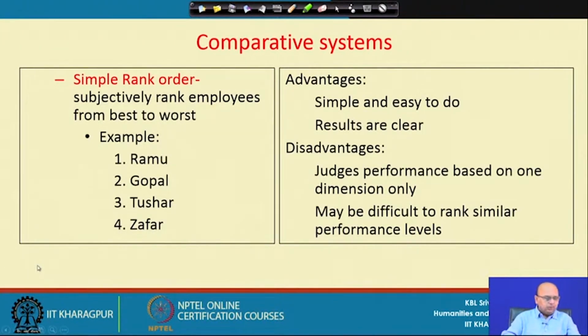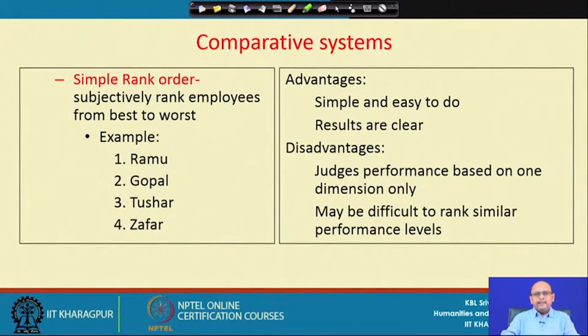Now, as I told you, I am giving some examples here to explain different kinds of comparative systems. Let us start with simple rank order. What you are going to do here is subjectively rank employees from best to worst. It is based upon subject matter experts and their judgment, which is very subjective in nature. So, there are people, say Ramu, Gopal, Tushar and Jafar.